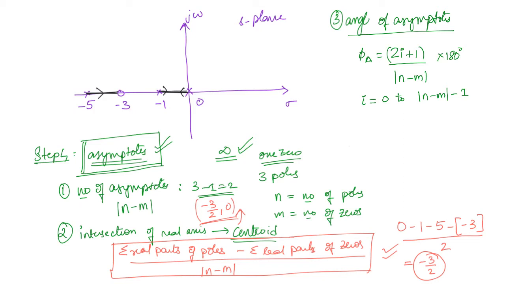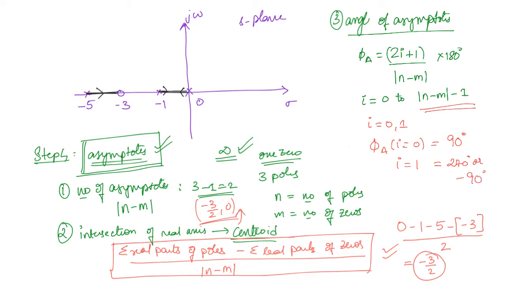For this example, mod n minus m is 2, so mod n minus m minus 1 will be 1. So i will be 0 and 1. It has only two values. So phi a when i is equal to 0 is 180 by 2, which is 90 degrees. And when i is equal to 1, this will be equal to 3 pi by 2, that is 270 degrees, or you can say minus 90 degrees.